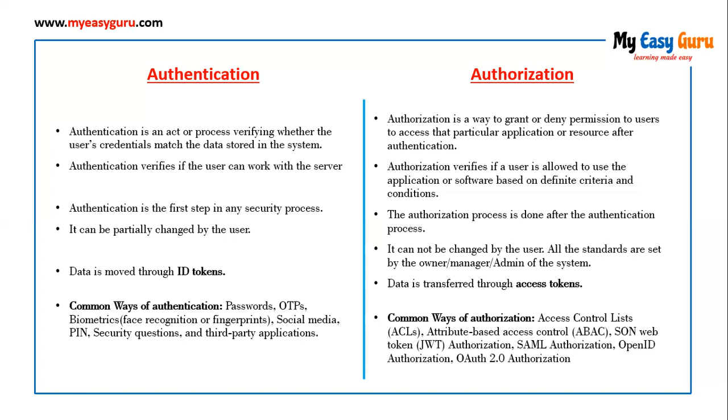Authentication can be partially changed by the user, while authorization has definite criteria and conditions. It cannot be changed by the user. All the standards in authorization are set by the owner, manager, or the admin of the system.